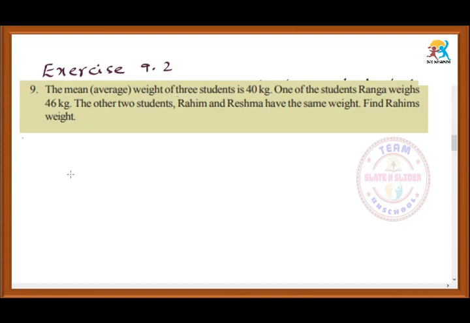Suppose the 3 weights are A, B, C. One of the students, Ranga, weighs 46 kg. So among these 3, one number is 46.